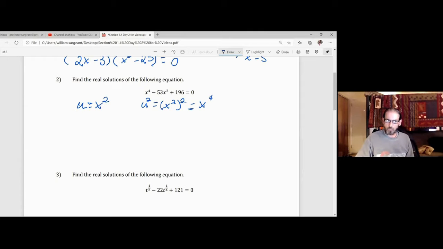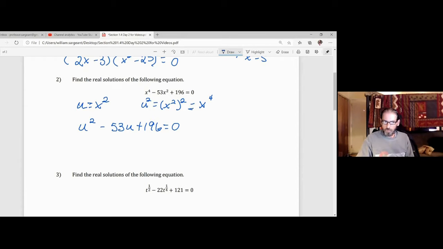So if I substitute both of those in, we've got u squared minus 53u plus 196 equals 0. That is a quadratic equation in u.